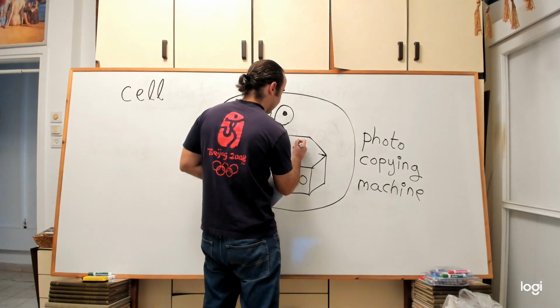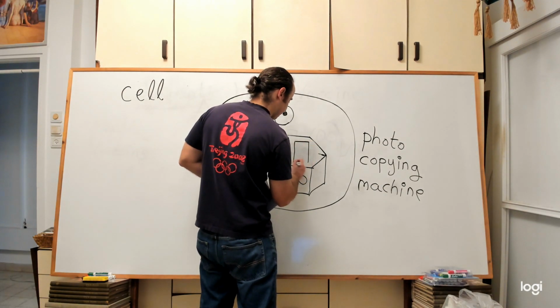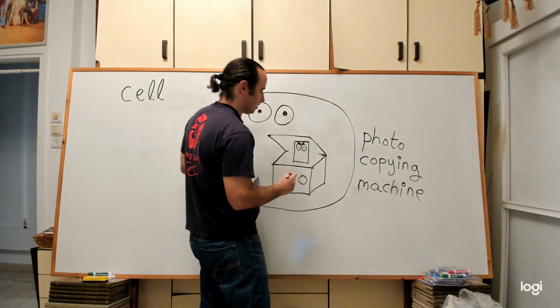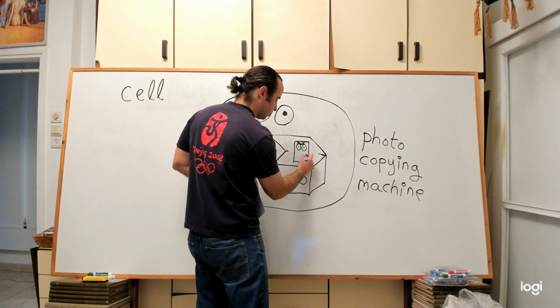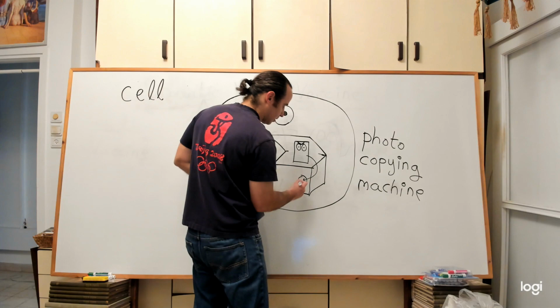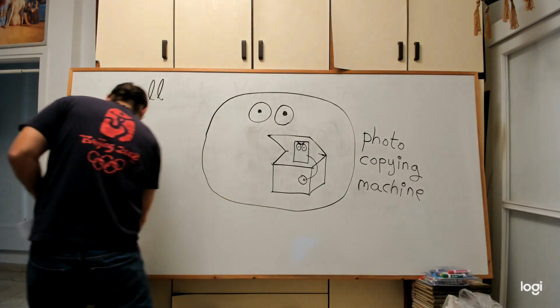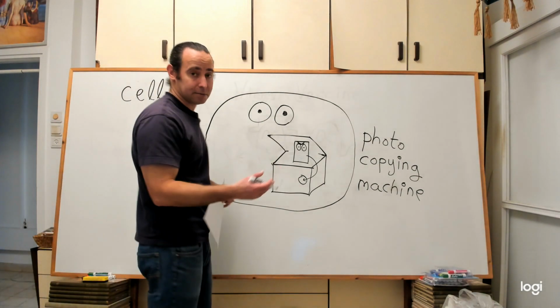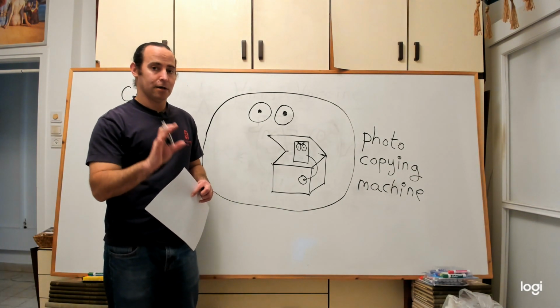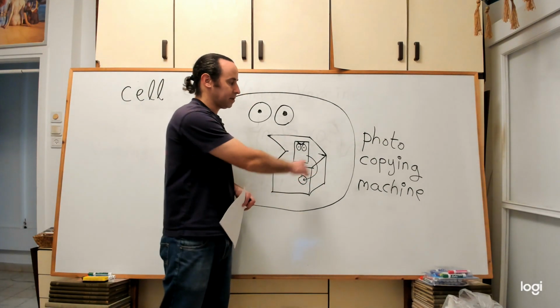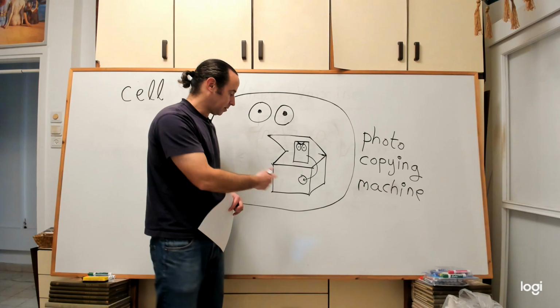So the lethal virus comes into here, and it knows how to push. It's not a hand, but it's like an instruction inside the virus that knows how to operate this copy machine, to make another copy of himself.